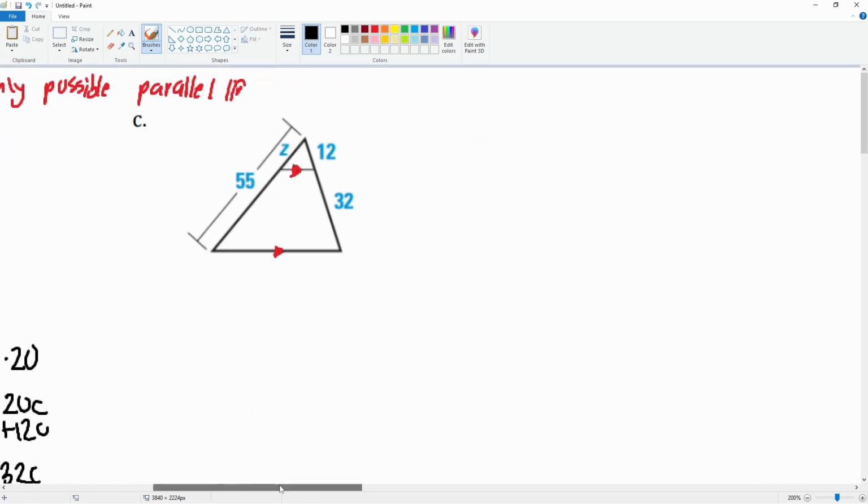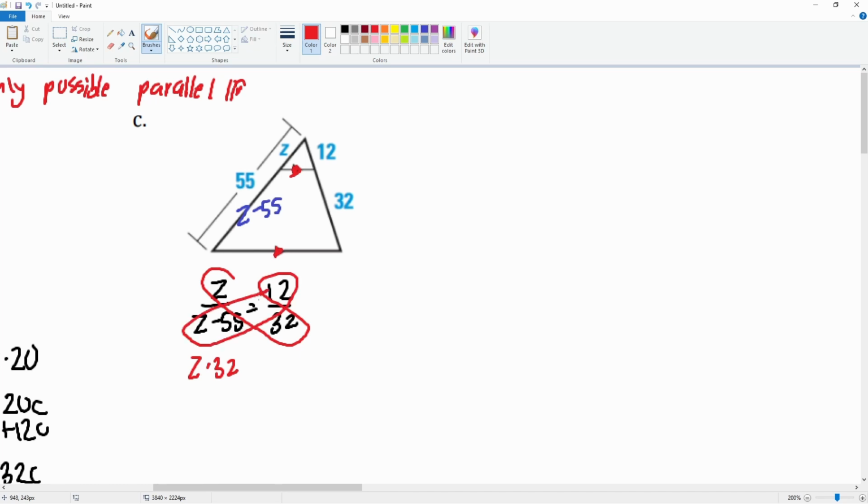And then c here. All right, so the bottom part here is z minus 55, because the whole thing is 55. So we have z divided by z minus 55 is equal to 12 over 32. Now we can cross multiply. Z times 32, and then we have 12 parentheses z minus 55.